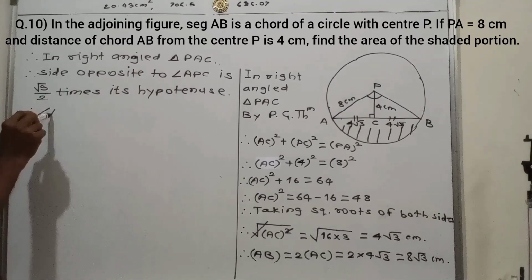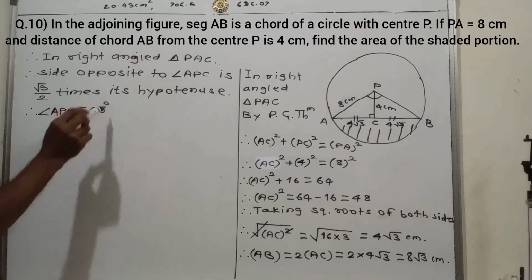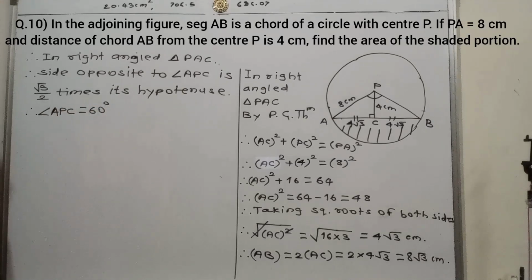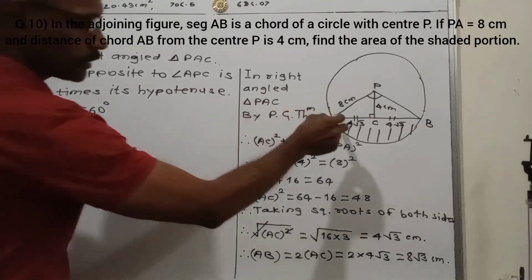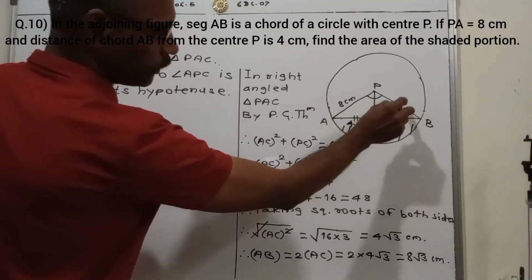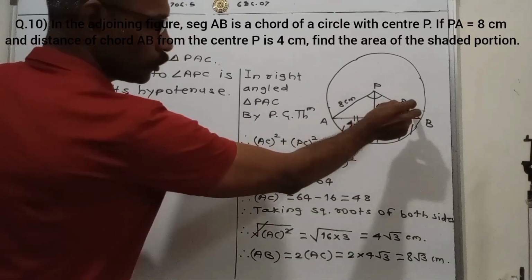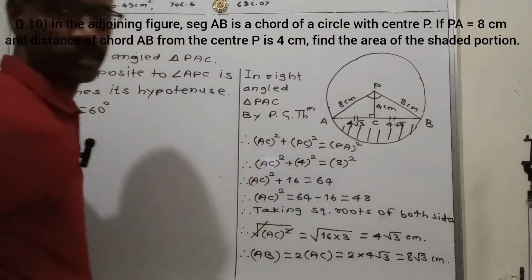Therefore, angle APC means measure of angle APC is 60 degree. Did you get it? Therefore, see here 4 square root of 3, here 4, here 8. Same way here also. This is radius, so this is also 8 centimeter.